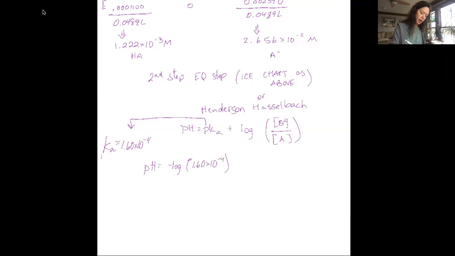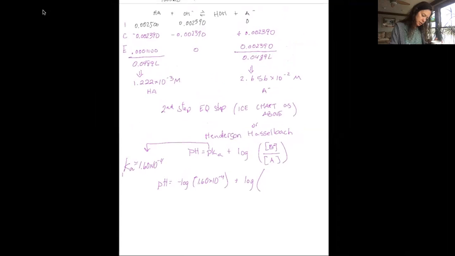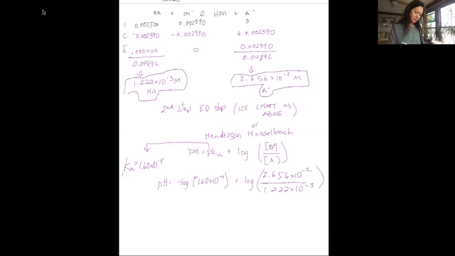That is the pKa, plus the log of the concentration of my base, that is this here, over the concentration of my acid, which is this here. All right. My pH, if I do that correctly, should be 5.13.